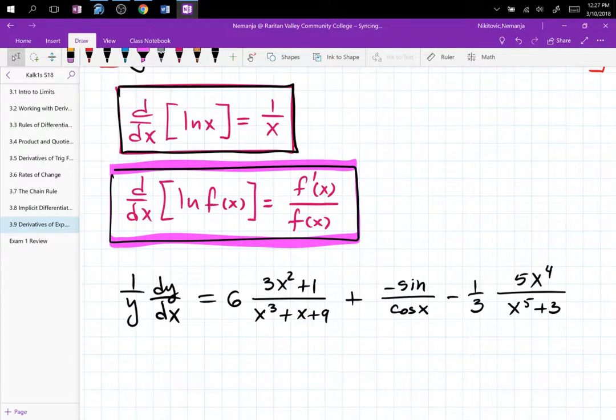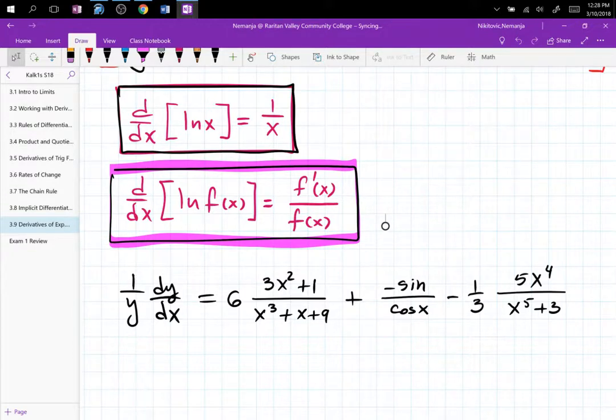Do you see that this is already what I have? Now you see that I have the original problem in front, multiplied by everything. That's your 1 over y going to the other side to get dy dx alone. You see 1 over y there? Well, that 1 over y on the left becomes y times everything on the right. That's the reason why I copied the problem as is.